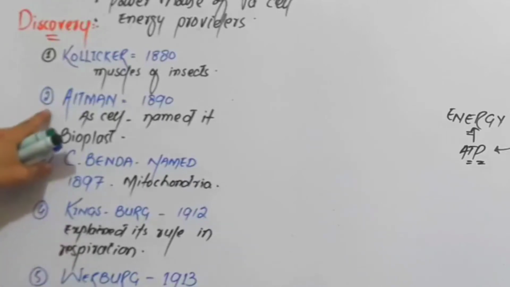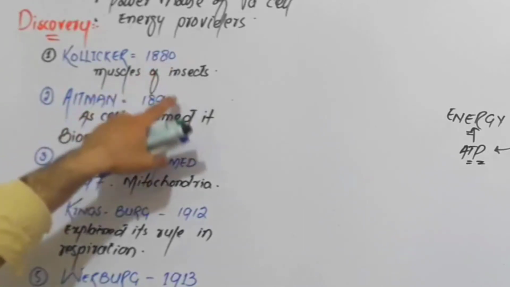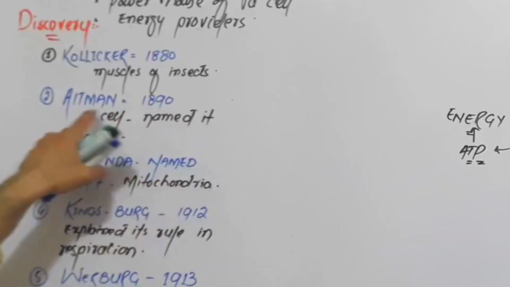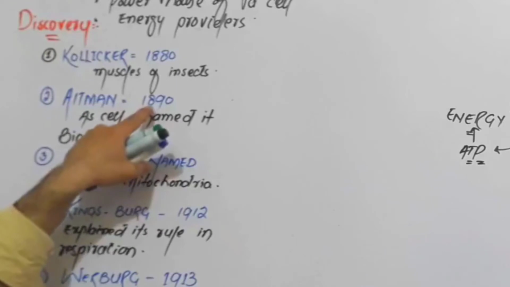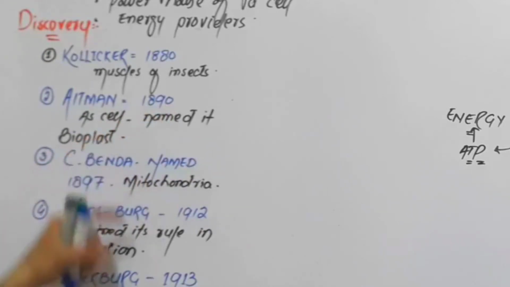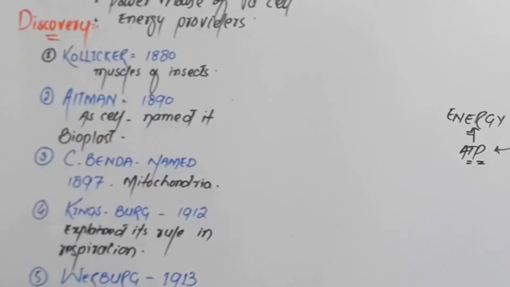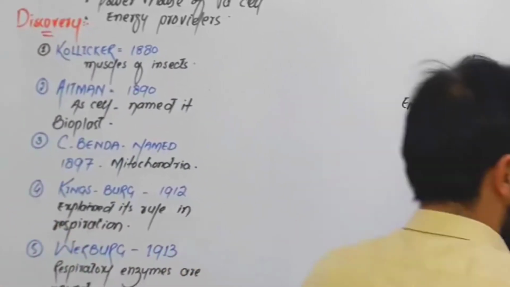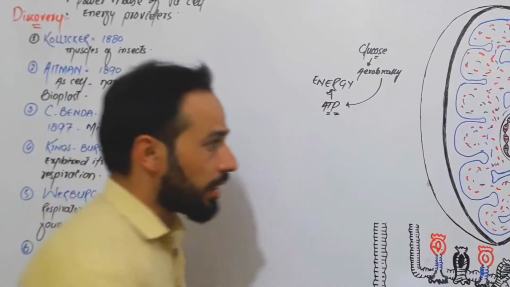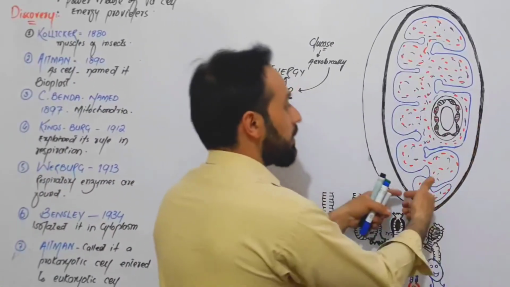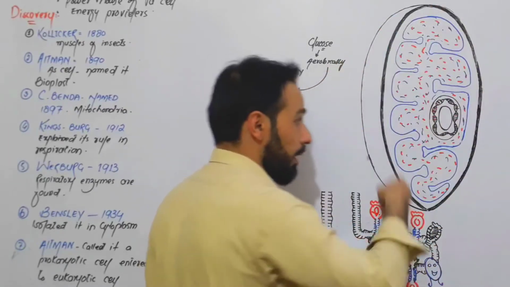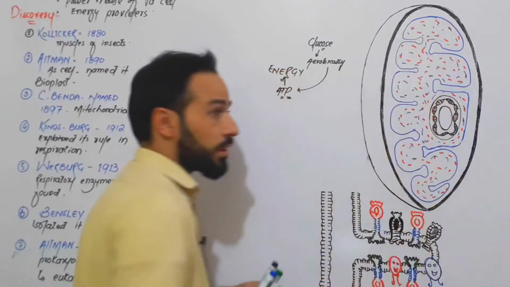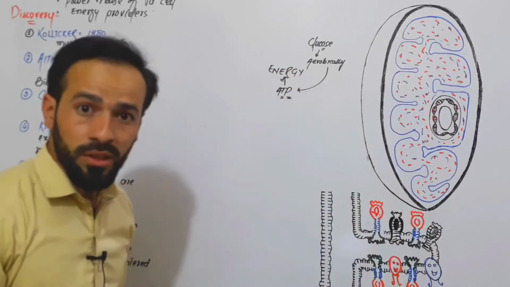Then the second scientist, 10 years after him, in 1890, Altmann, came and said that mitochondria work as a cell themselves. As we have a cell membrane, there is a membrane in mitochondria. As we have cytoplasm in a cell, there is the matrix of the mitochondria, which works as the cytoplasm of the cell.